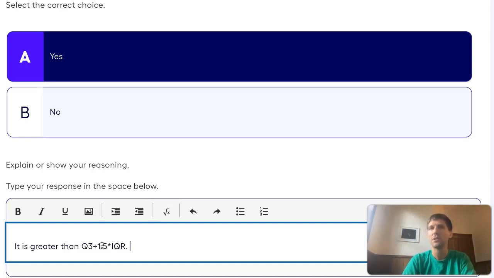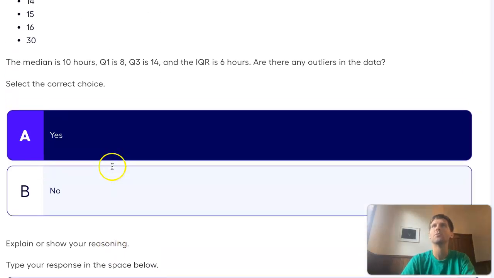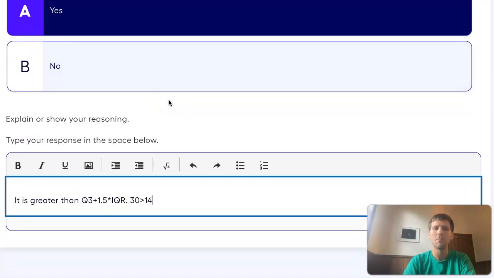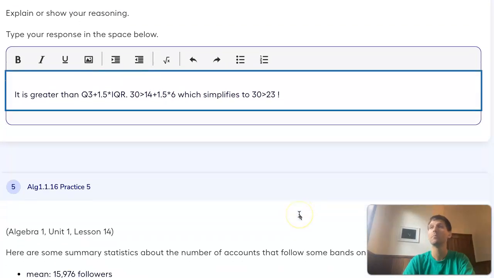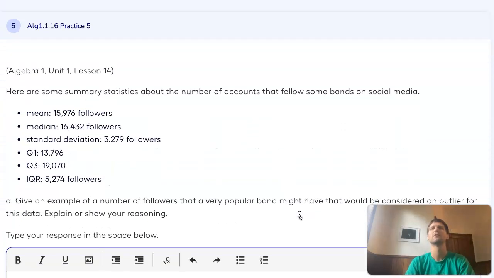And if I really wanted to show, I could say 30 is greater than the third quartile, which we said was 14, plus 1.5 times 6, which simplifies to 30 is greater than, that was 9, using my order of operations, is greater than 23. Exclamation point, because I feel so enthusiastic.